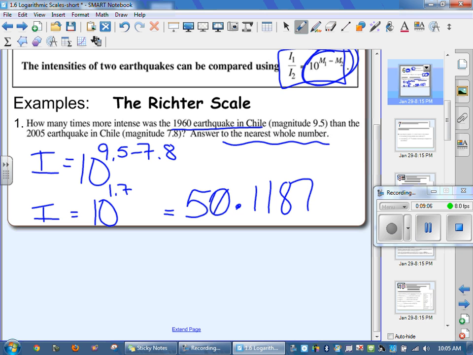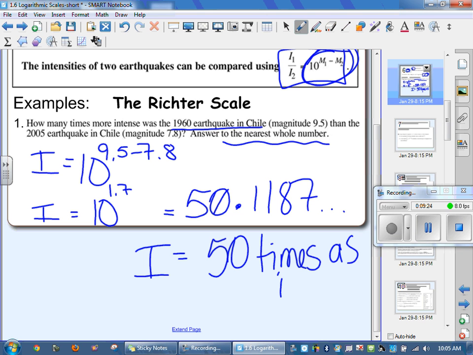You should get 50.1187 and so on. It's a run-on decimal, so to the nearest whole number, it's 50 times as intense. So our intensity is 50. Or you could say it's 50 times stronger. A lot of people like to use the words stronger and weaker, and that's just fine.